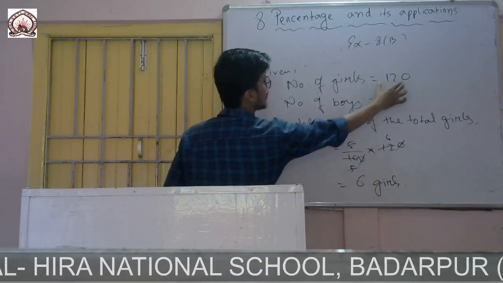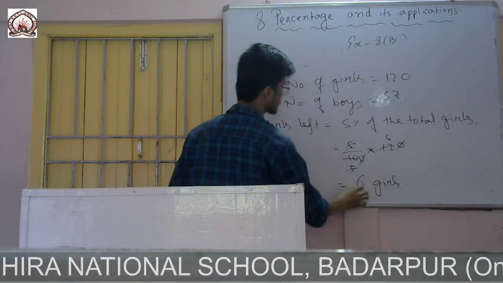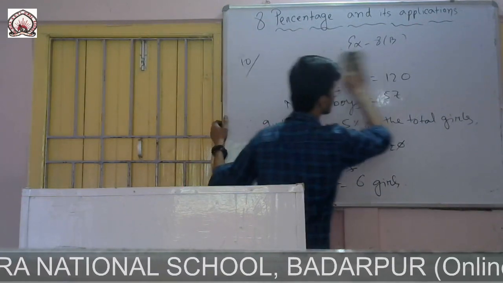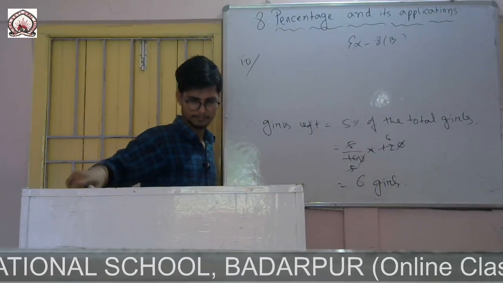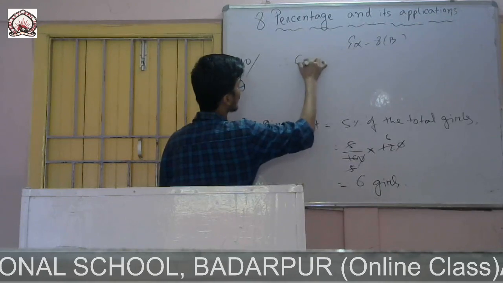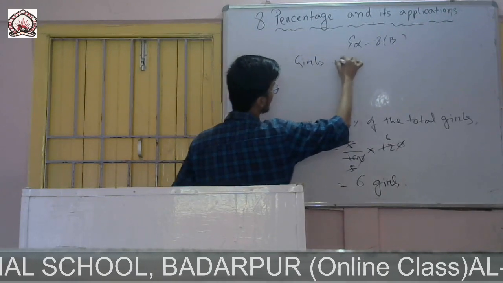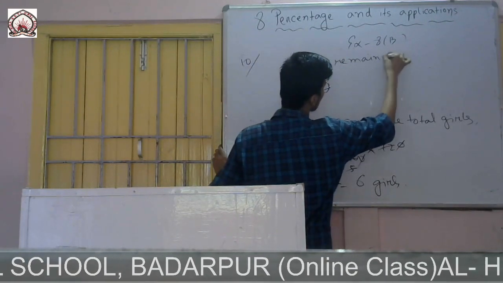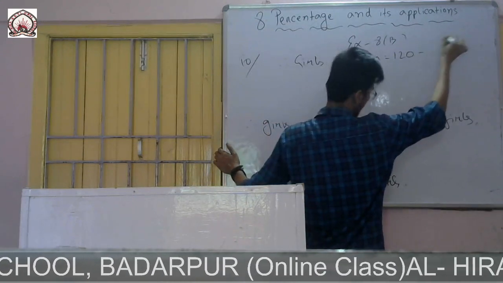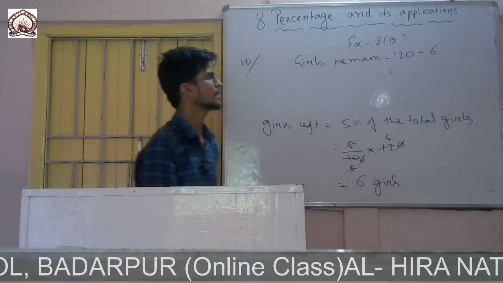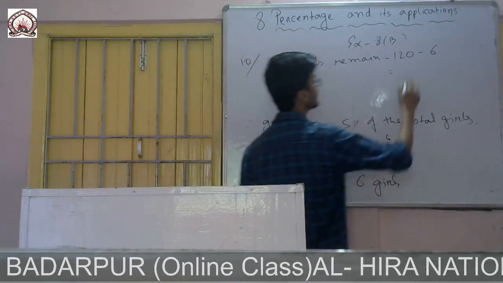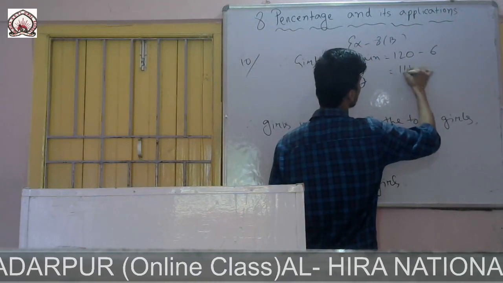So now we'll find the remaining girls. Girls remaining equals 120 minus 6 girls left. That means 120 minus 6 will be 114.